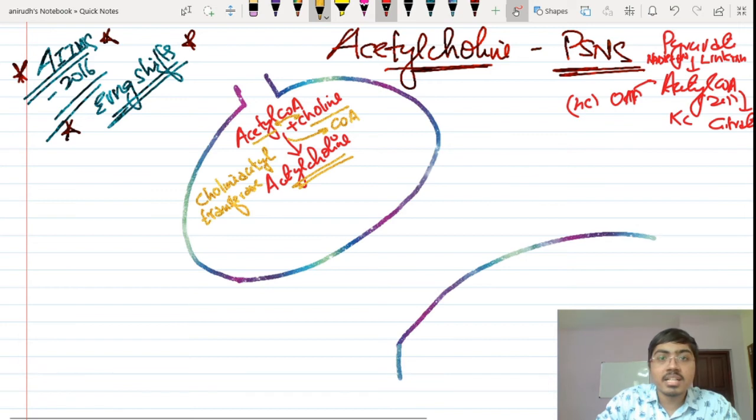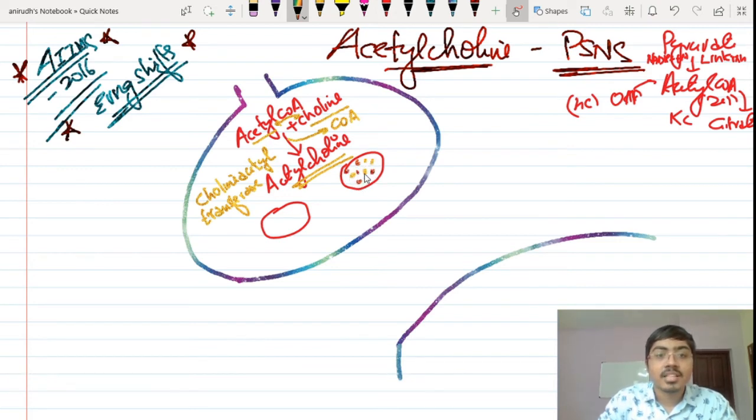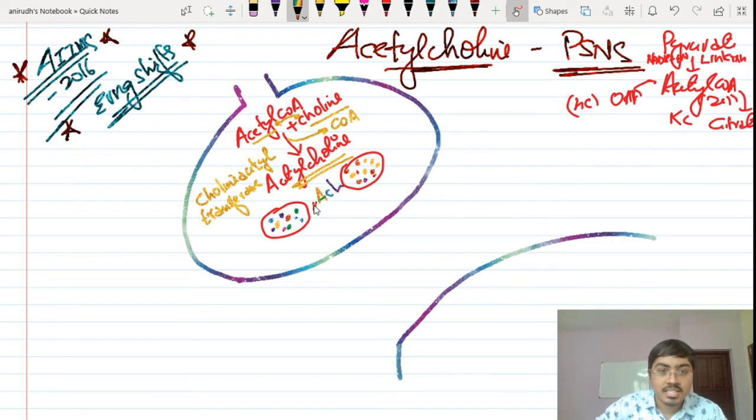Now this acetylcholine, as I was telling you, will be present in the form of vesicles. And this is my favorite color, so I will be marking this over here. This is your acetylcholine, ACh. This is the short form that we normally use to mention acetylcholine.